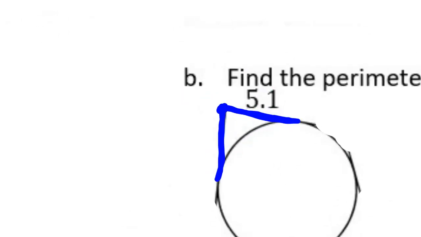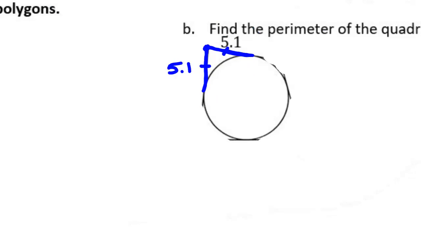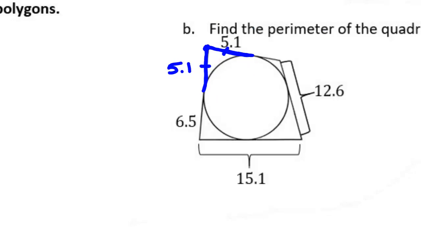They are congruent, yes. So if this one is 5.1, this one over here would also be 5.1. So what would that mean about these two segments? They are congruent. So this is 6.5, and this little bit right here is 6.5.